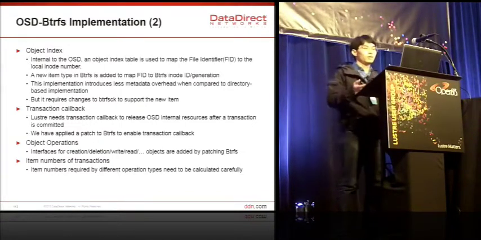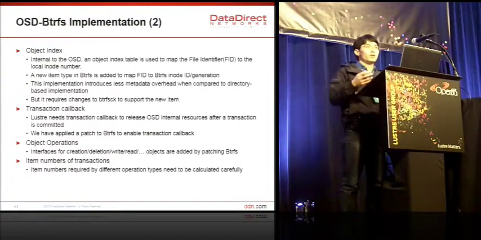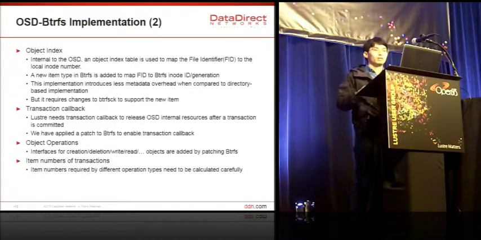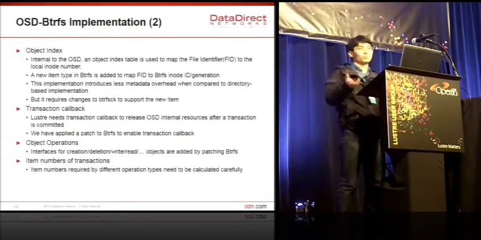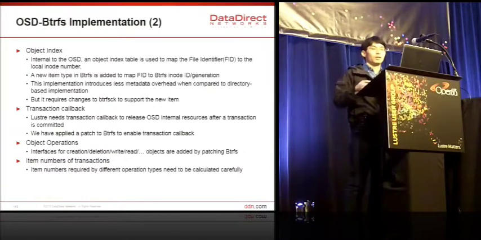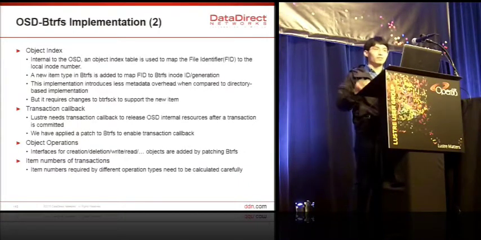Also, we calculate the item numbers of each kind of transaction we need for different operation types. We might need to calculate it more carefully to make sure every number is correct.